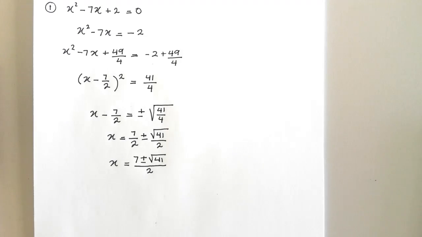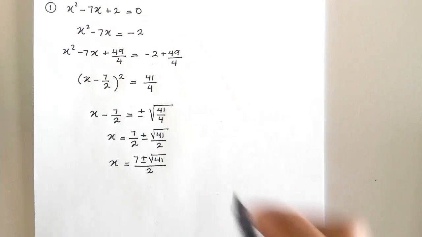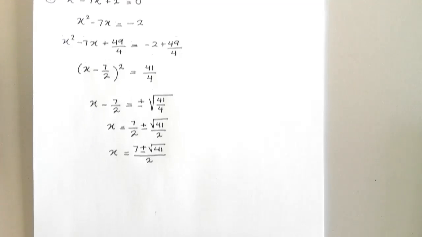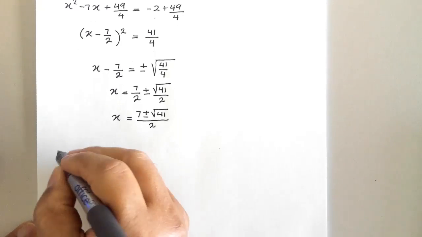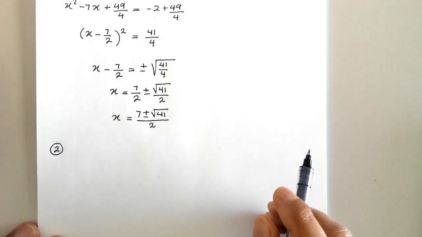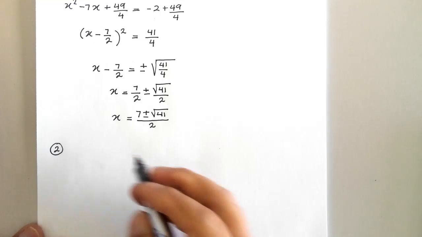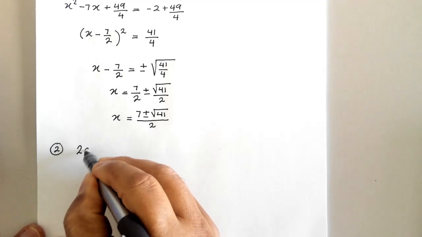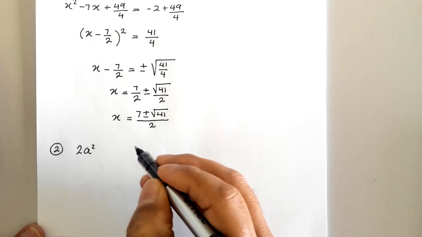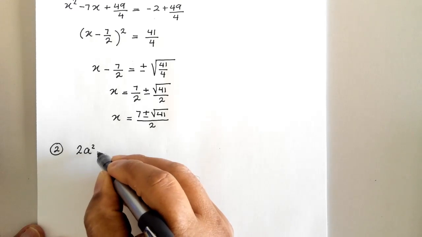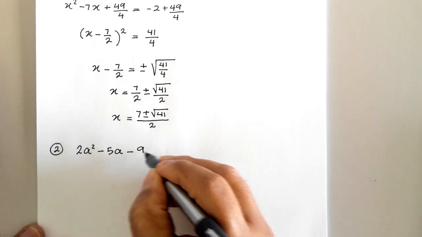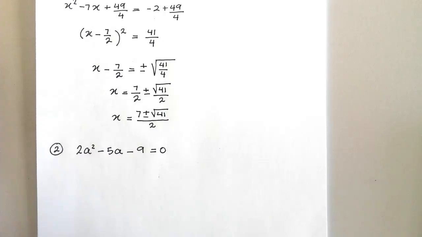So we can see that when we have a monic it is simple, but let's see what happens when we have a non-monic. Let's consider this question. Let's say that you have 2a squared minus 5a minus 9 equal 0.